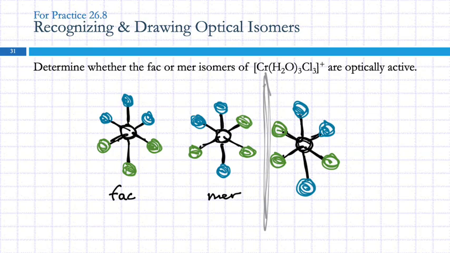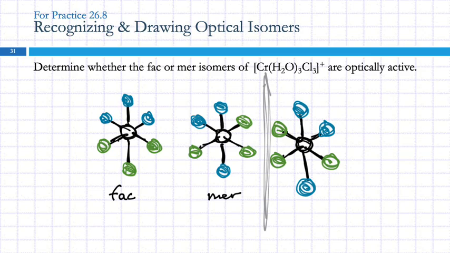Okay, I made the fac one. Wait a minute, I can't make that line up. It's good when you can drop things and catch them before they hit the ground. Okay, so here we have mirror images.